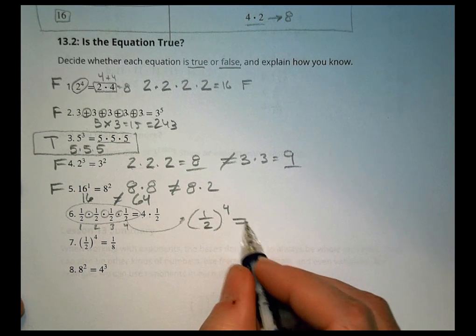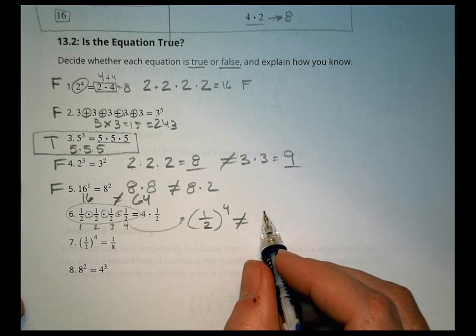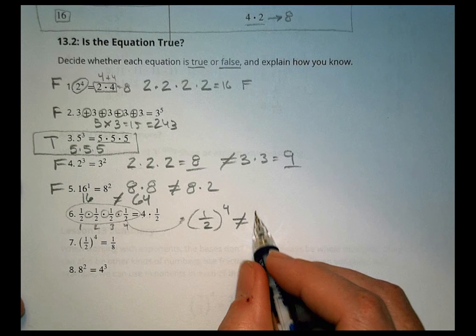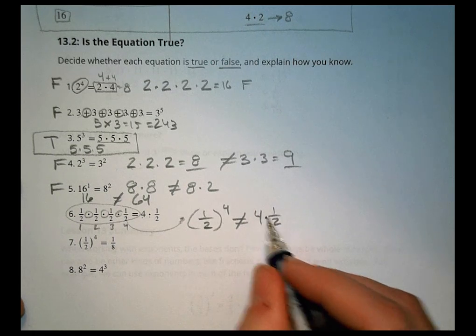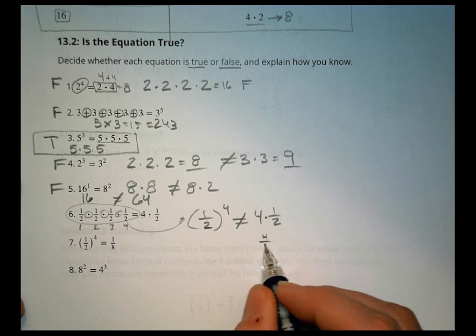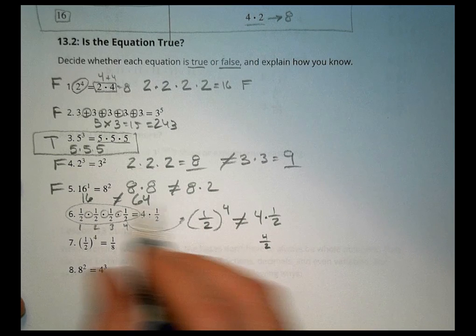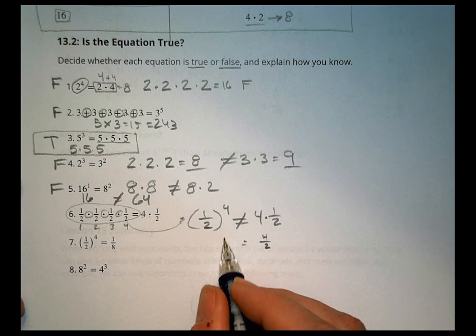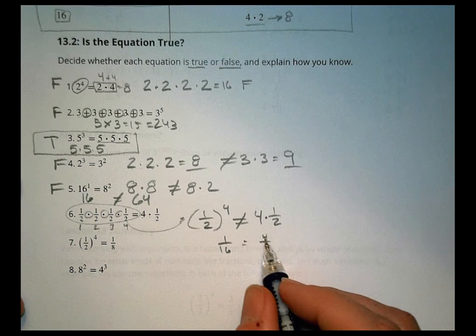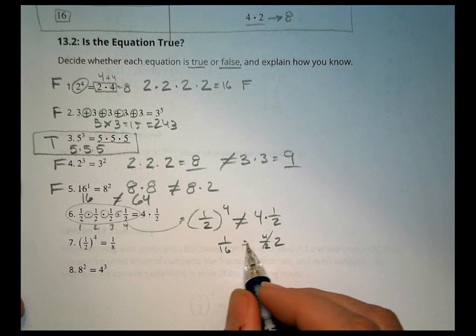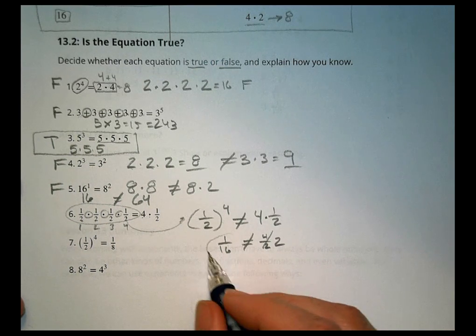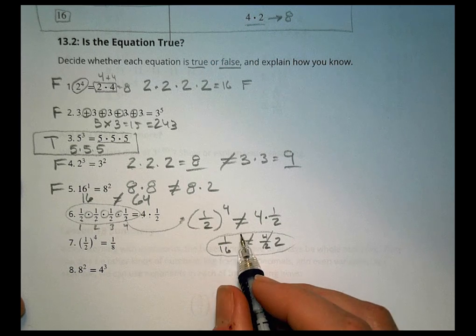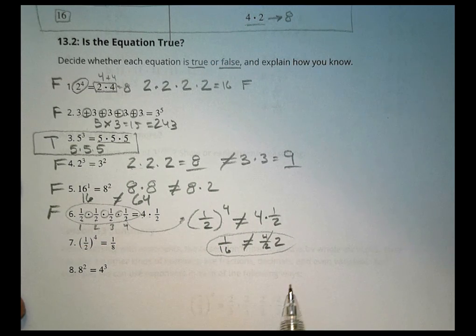That is not equal to 4 times a half, because 4 times a half is going to be 4 over 2, whereas this is going to be 2 times 2 is 4, times 2 is 8, times 2 is 16, 1/16. And this can be reduced down to 2, so we would not say that 1/16 is equal to 2. So that's going to be a nope, false statement.